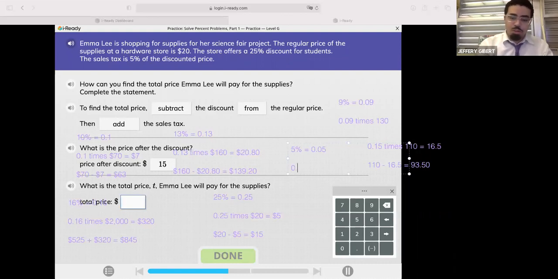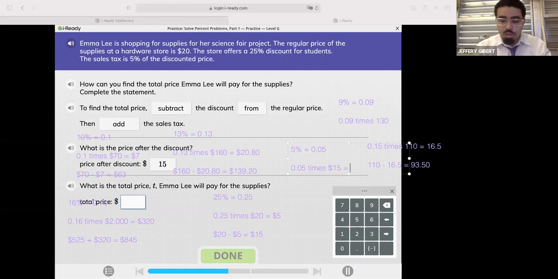So we do 0.05 times 15. And what's that equal? Seven and 5. All right, 75 cents.